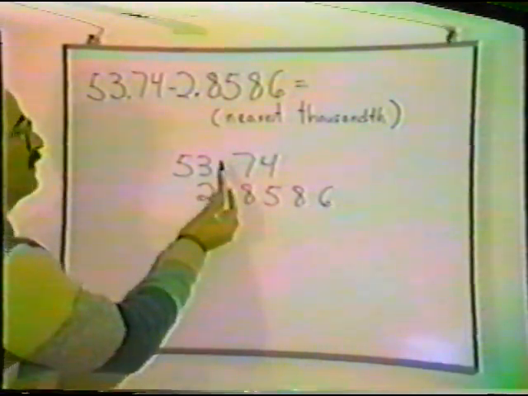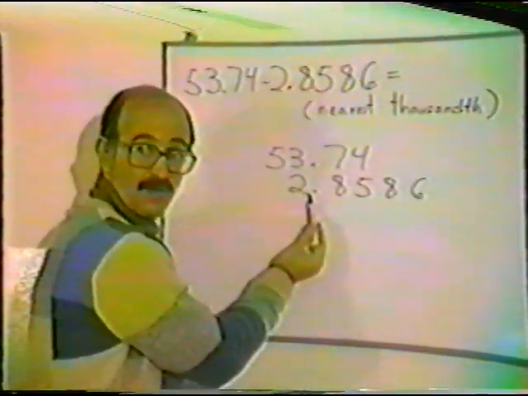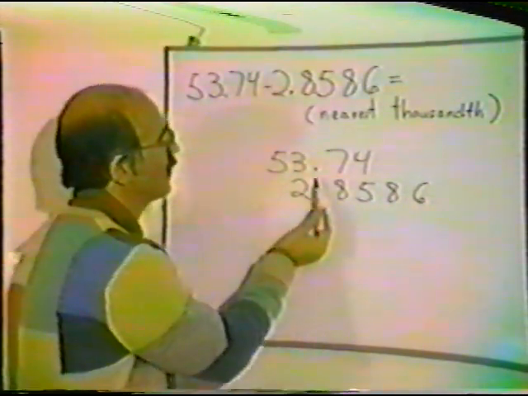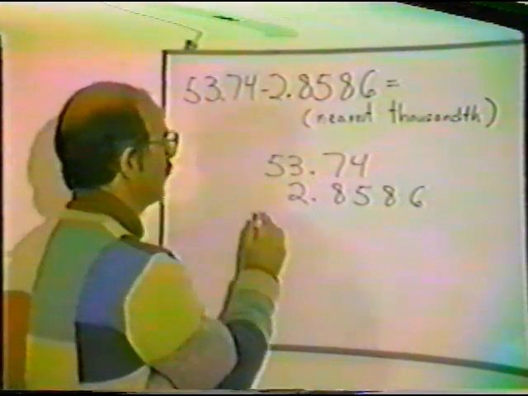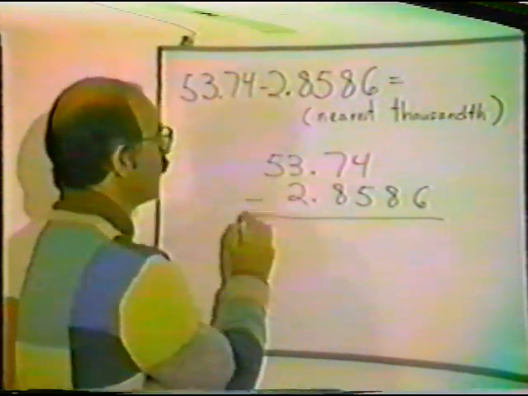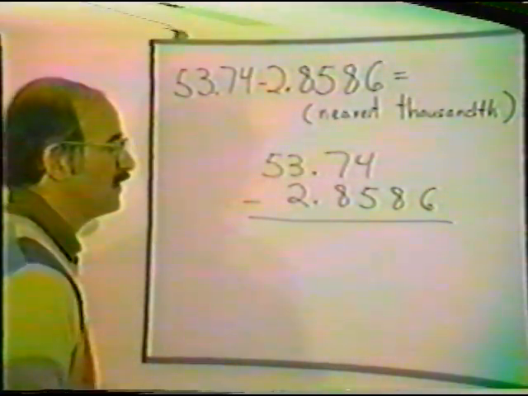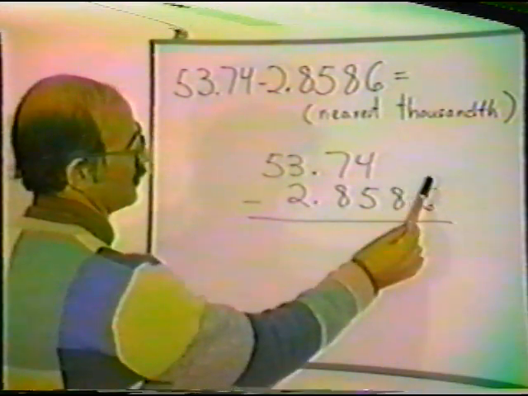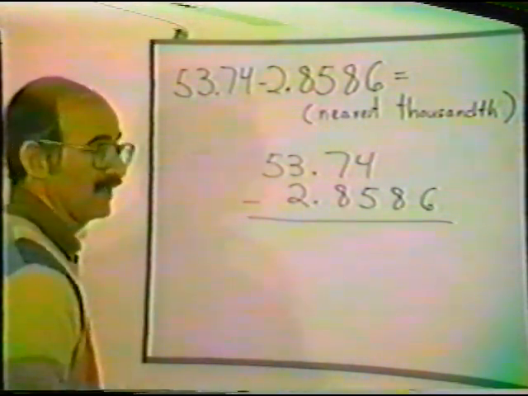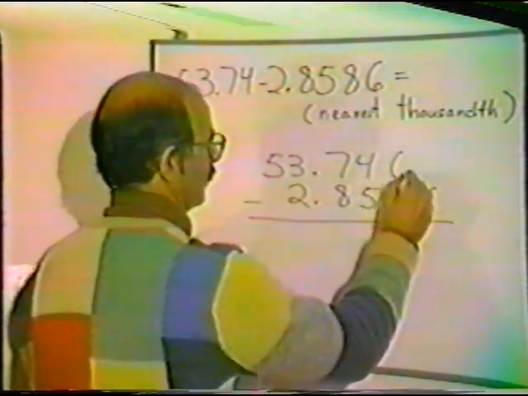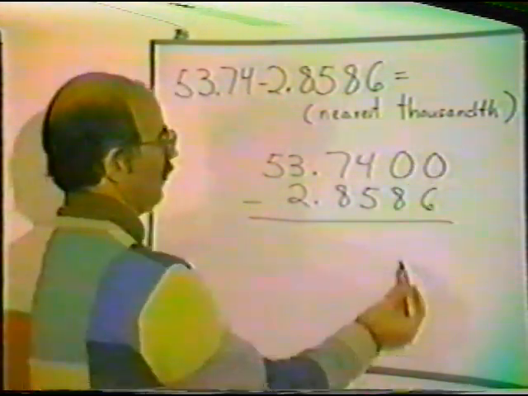Notice that we have lined up our numbers so that the decimal points are one below the other. Before I begin to subtract, what do I have to put in these two places? Zeros. Here we go.